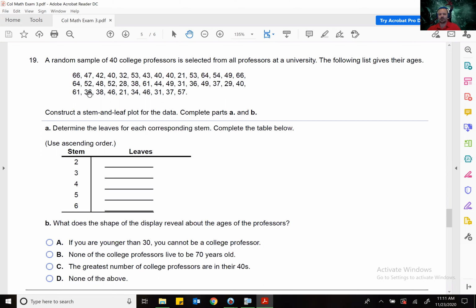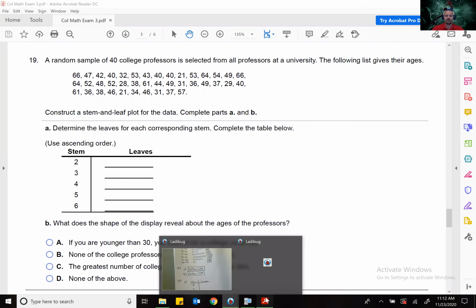Again, these two problems are kind of your longest, the one with the frequencies and the one with the stem and leaf plot. So 6 on 3. An 8 on 3. And 6 on 4. A 2 on 1. 4 on 3. Another 6 on 4, a 1 on 3, a 7 on 3, and a 7 on 5. So there should be 40.